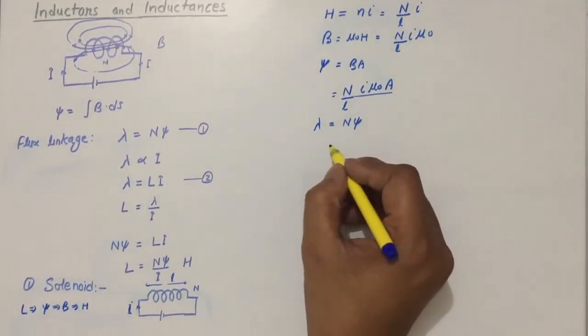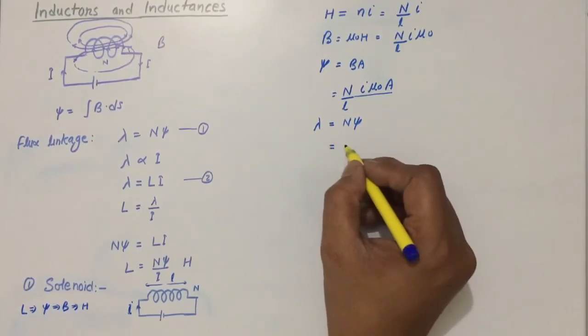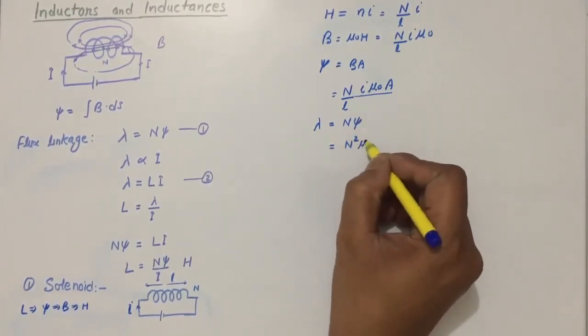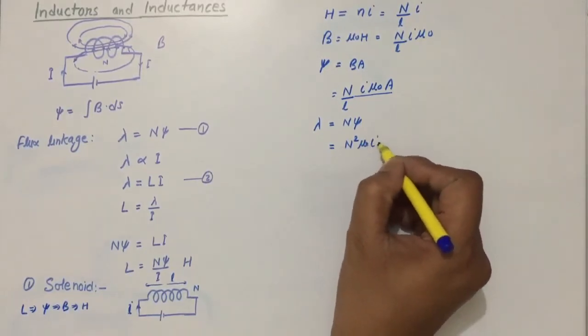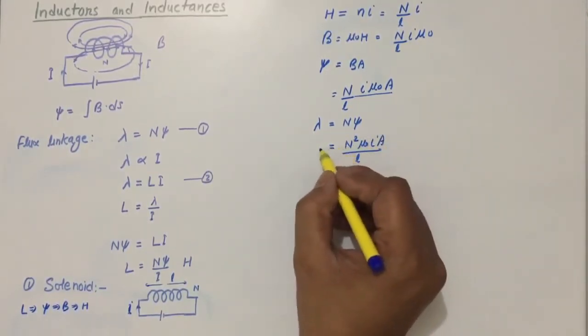From here we can write the flux linkage will be equal to N square mu naught I A divided by L.